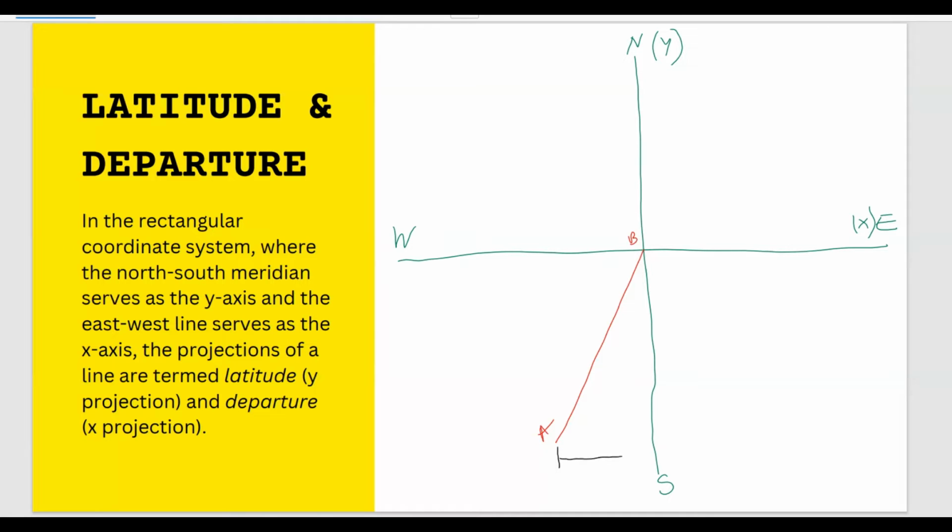So this distance, it's called departure. And then the vertical distance, this distance, the Y projection, it's called latitude.